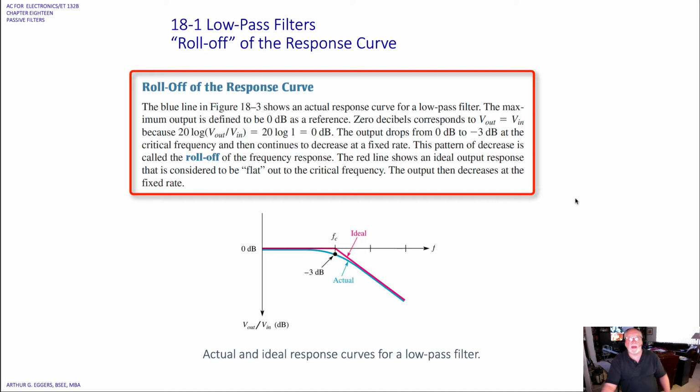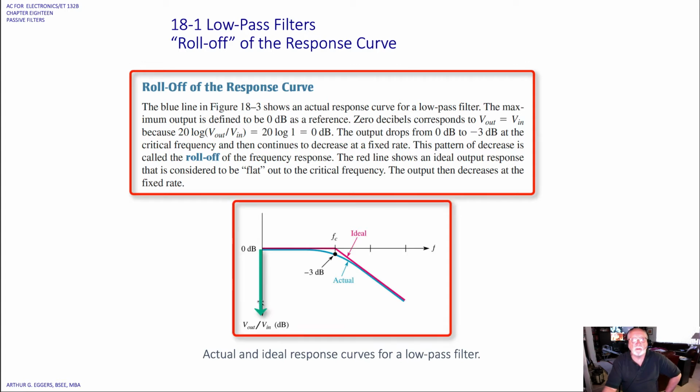So if we look at plotting then the dB output, notice now we have on the y-axis here a plotting in decibels, V out over V in in dB. The blue line in the figure shows an actual response curve for a low pass filter. So you can see we've got what we would typically measure, say on an O-scope.